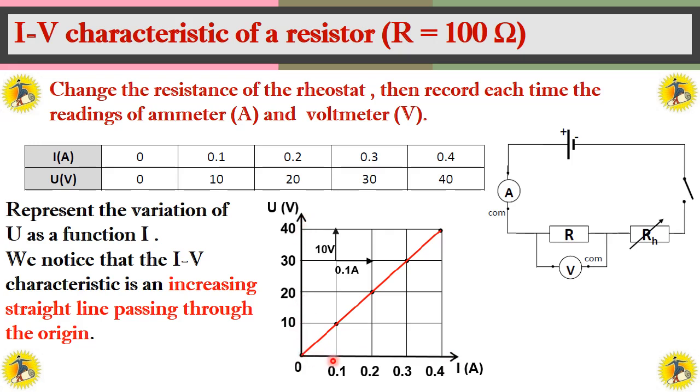We notice that these points make a straight line passing through the origin O. So we deduce that the I-V characteristic, the current-voltage characteristic, is a straight line passing through the origin.